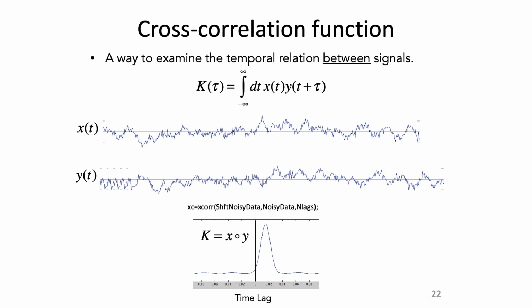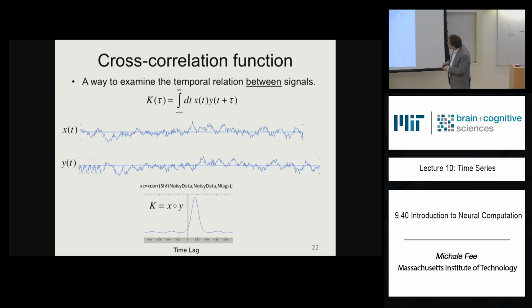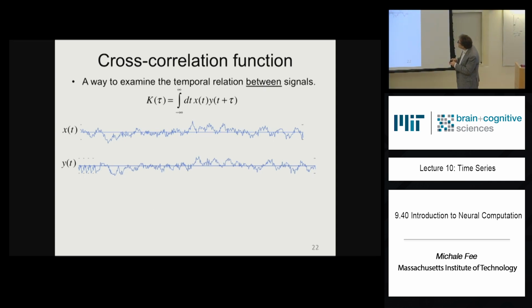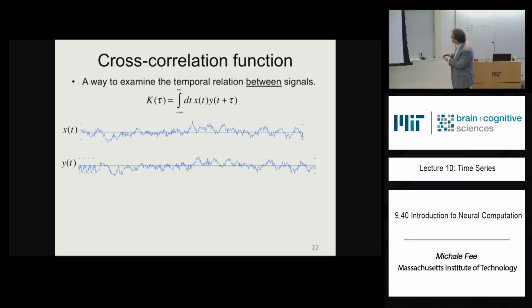So k is the cross correlation, sometimes called the lag cross correlation, of x and y. So there's a symbol for that, a little circle is the symbol for lag cross correlation. And you can see that at a particular lag, like right here, the positive fluctuations in this signal are going to line up with the positive fluctuations in that signal. The negative fluctuations in this signal are going to line up with the negative fluctuations in that signal.